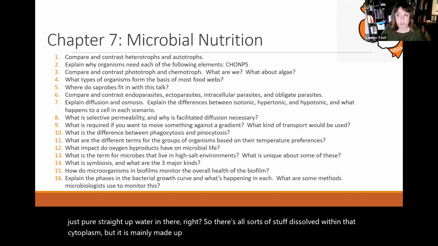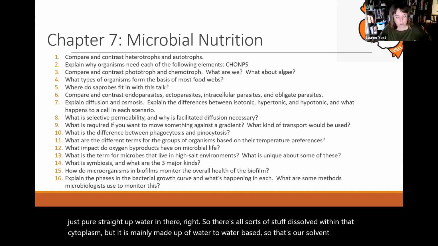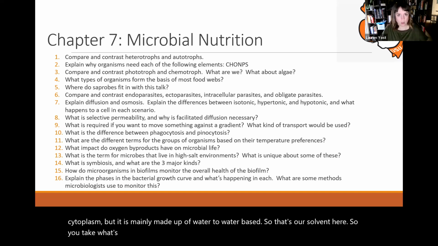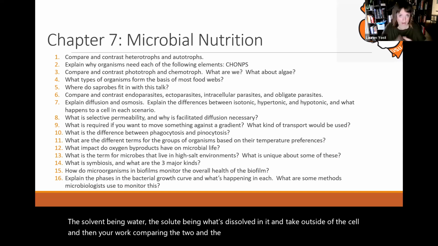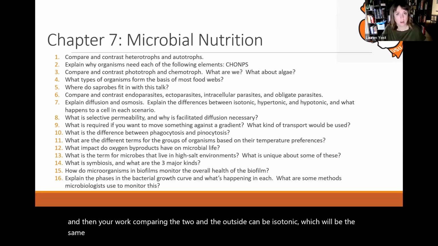It's water-based. So that's our solvent here. So you take what's inside the cell, the solvent being water, the solute being what's dissolved in it, and take outside of the cell. And then we're comparing the two. And the outside can be isotonic, which would be the same solute concentration outside as inside.